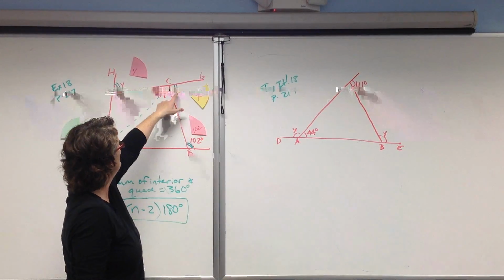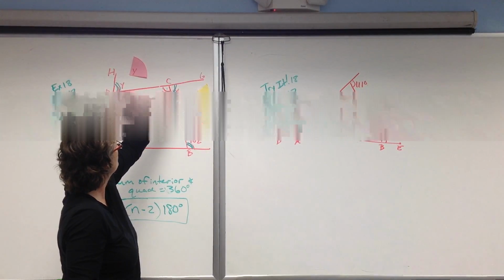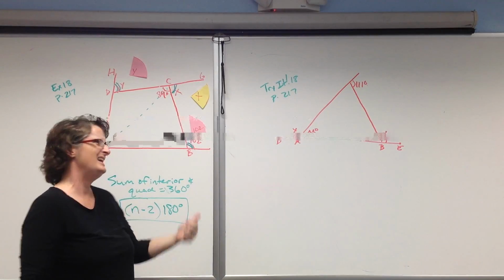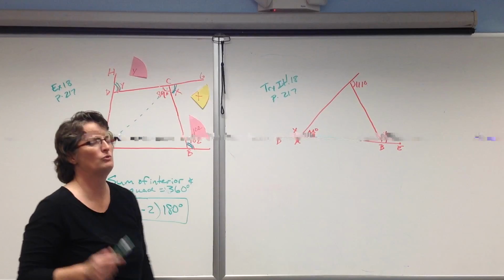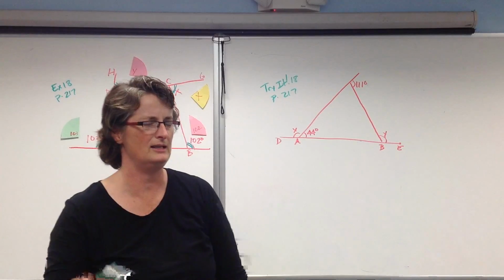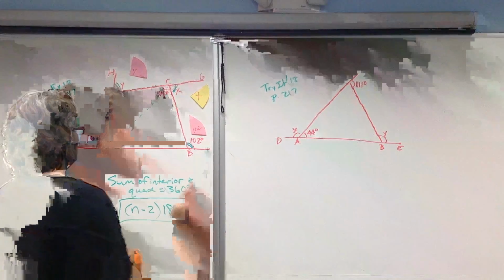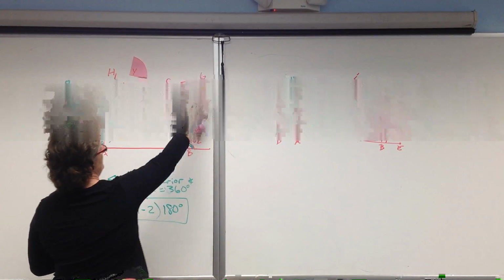So what I've done in preparing for this lesson is I've taken this angle right here, which is angle X. It is supplementary to this interior angle right here, so you should know what it is already, but this is something I'll talk about in a minute.